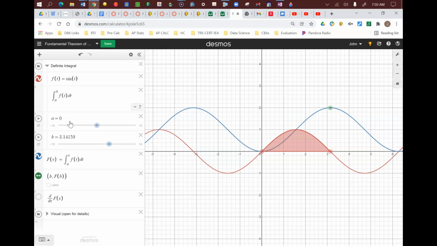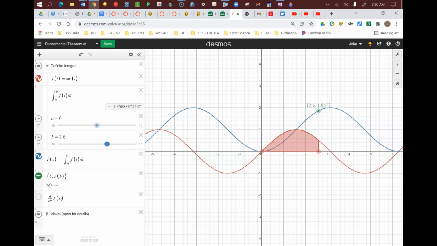So let me turn that on, and you will see that green point just appeared there, and it is directly above the red point because they have the same x coordinate, which is equal to pi. And I'm going to label that. And the y coordinate, as you can see, of that green point is 2, which is the value of the integral of the sine function from 0 to pi.